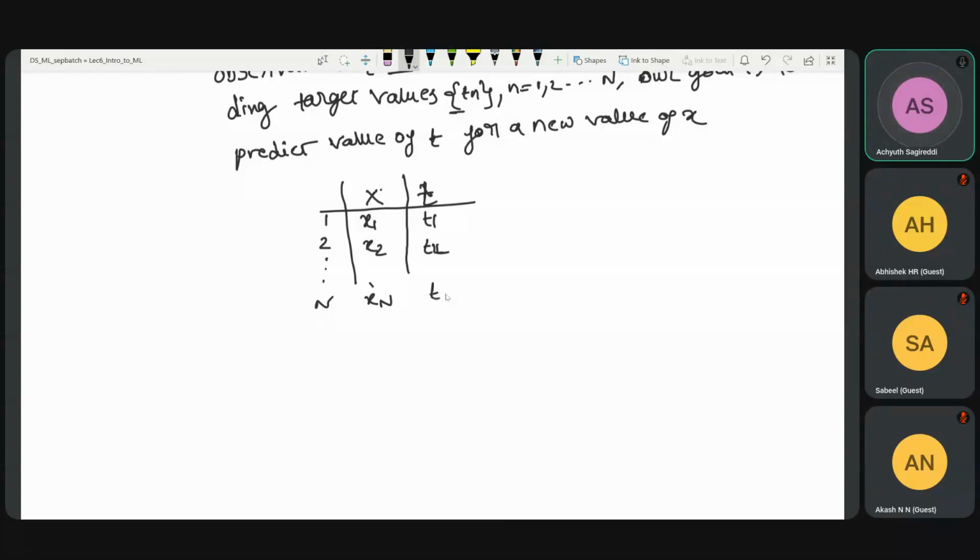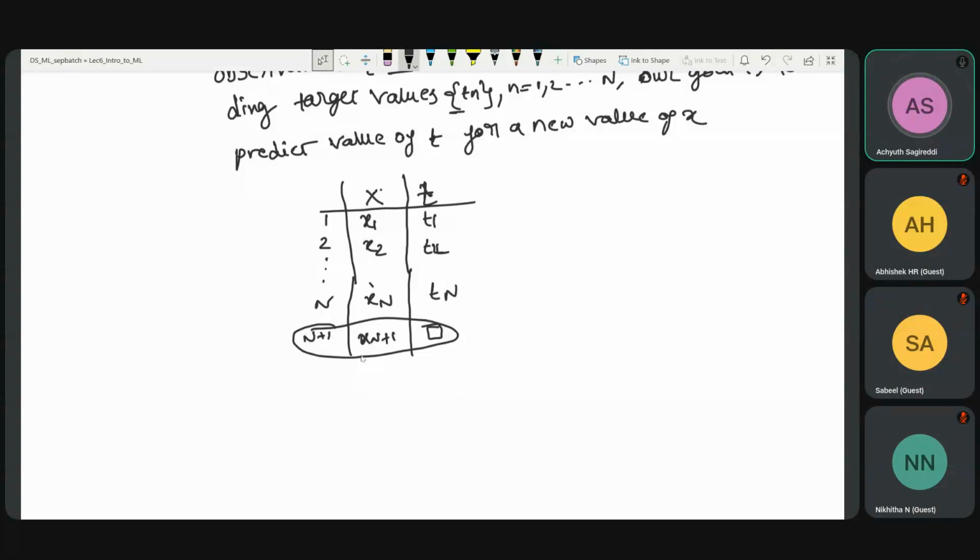So our goal is to predict the n plus 1 value, the future value. We have to predict this value. This is, let's say, xn plus 1. What is the value of tn plus 1? This we don't know, right? Understood, right? This is the goal of the regression.